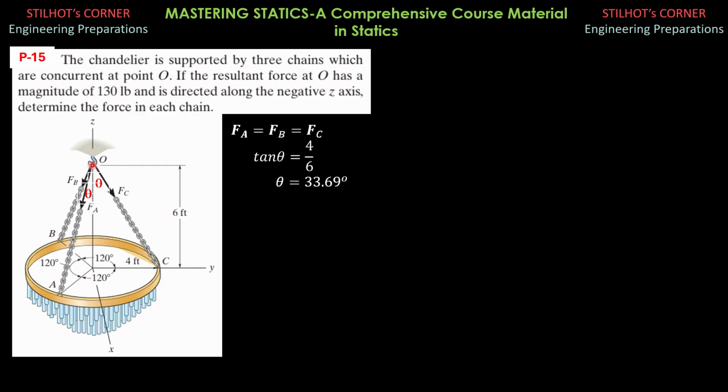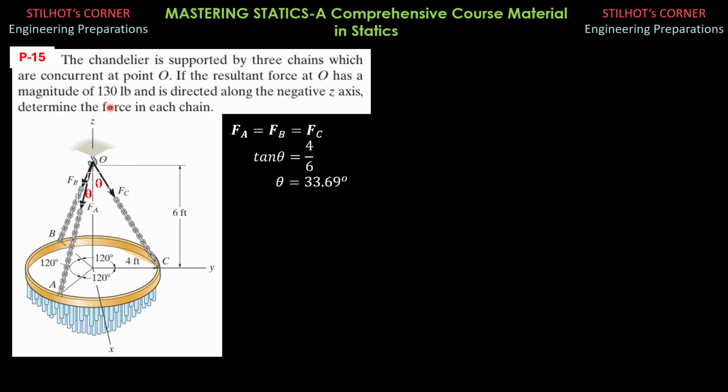So the force, because the question is, if the resultant force at O has a magnitude of 130 pounds, so of course it is directed along the negative z-axis going down. So let's consider going down as positive, and we treat this as positive also.